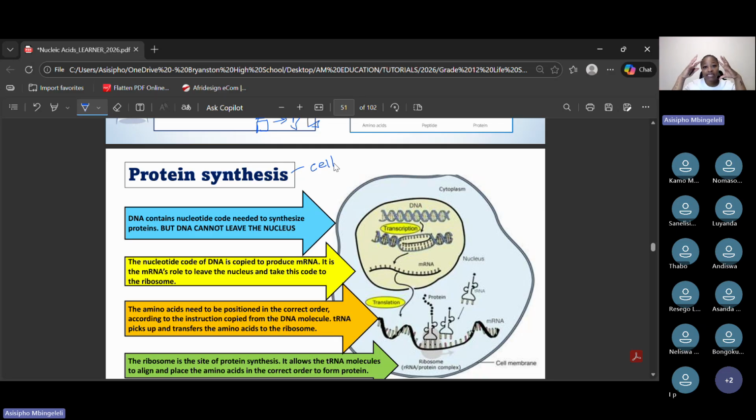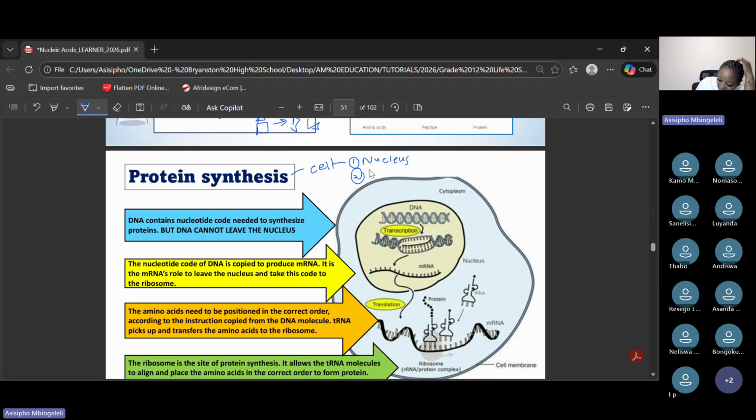The first phase is going to take place in the nucleus, and the second phase is going to take place in the cytoplasm. Let's break it down. The first phase is going to take place in the nucleus, and then the second phase or second stage will take place in the cytoplasm.